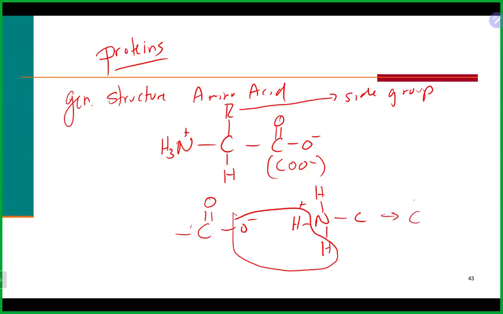That is the peptide bond, which puts it together through here. That's how you put all these amino acids together, and the amino acid sequence is what is referred to as the primary structure of a protein.